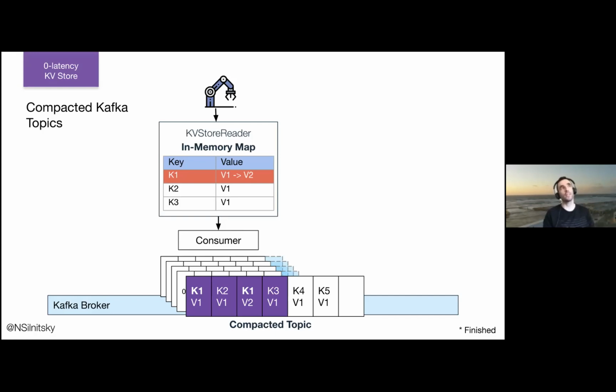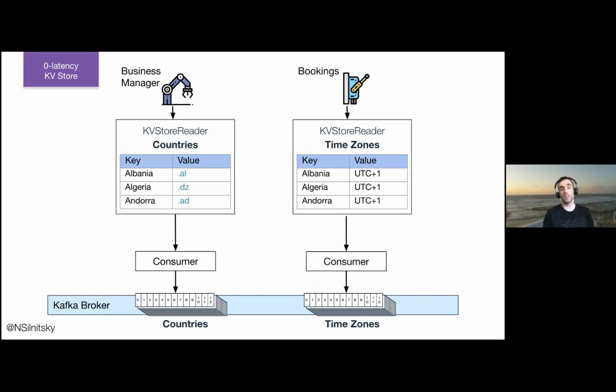So of course, it's not good for data sets that can basically be infinitely big. It's more for data sets that you know will be contained in size. For instance, we have the business manager service that stores information on the countries in which Wix is currently operating.